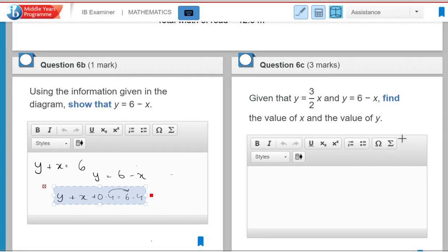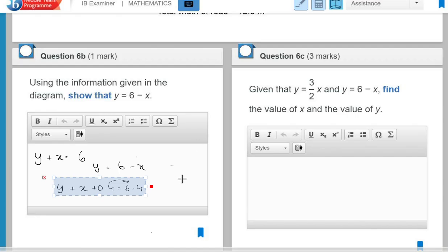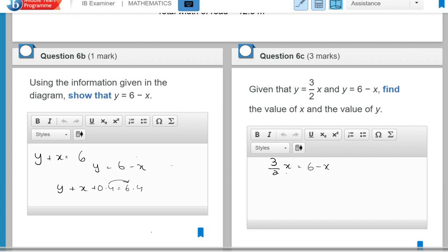Given that y equals 3 over 2x and y equals 6 minus x, find the value of x and y. There's some electricity problem here. Okay. So basically this sort of question is supposed to be solved simultaneously. So how do we attempt it? 3 over 2x should be equal to 6 minus x. Once we've done that, let's shift 2 to the other side.